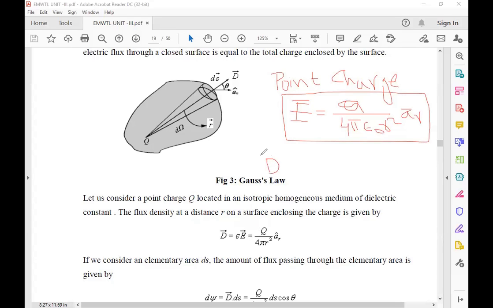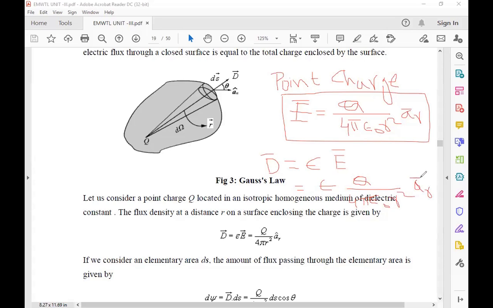D bar is the electric flux density, equal to epsilon into E bar. Now you can substitute the point charge E bar in this equation: E bar is equal to Q by 4 pi epsilon naught r square into AR.